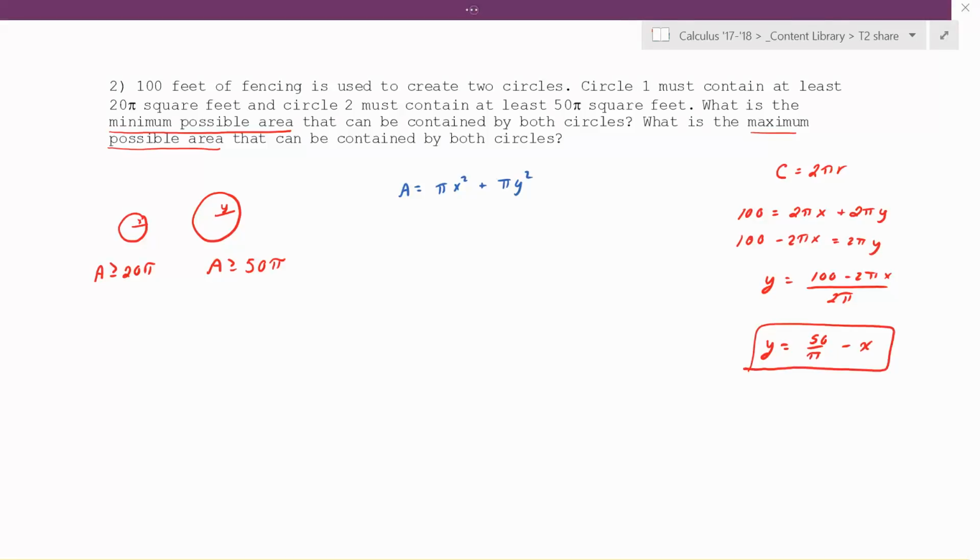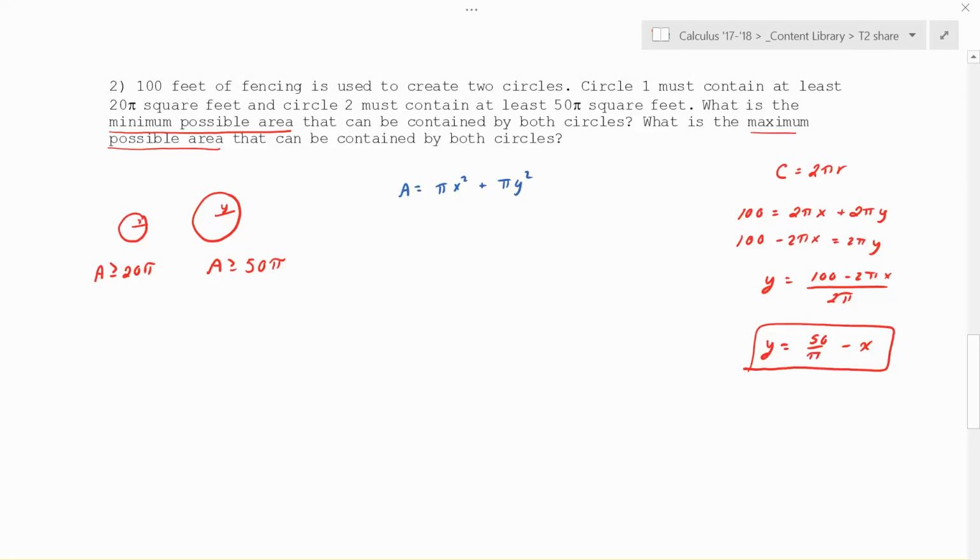So coming back to my area equation, area equals pi x squared plus pi y squared, which is pi times 50 over pi minus x, squared.